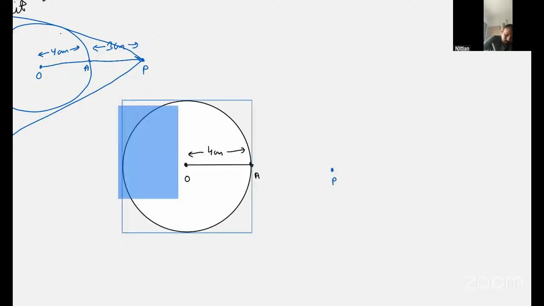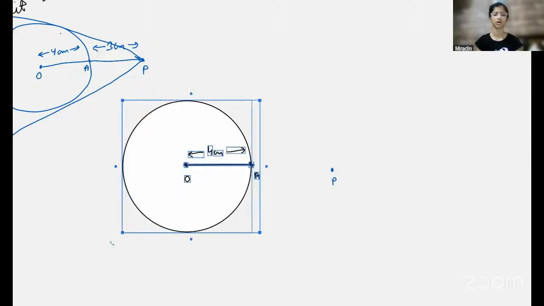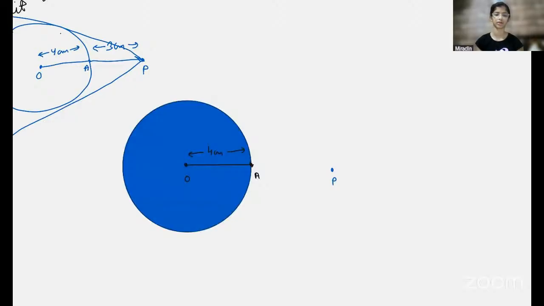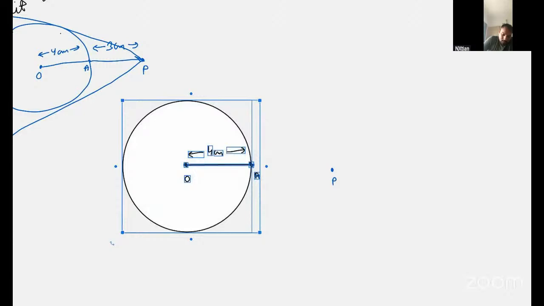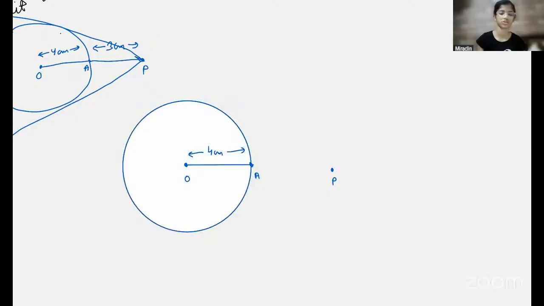Okay. Let me change the color. So should we draw a 3 centimeter line from A to P? Yeah, from A to P. That is what I said, no? So we can draw a 3 centimeter line.